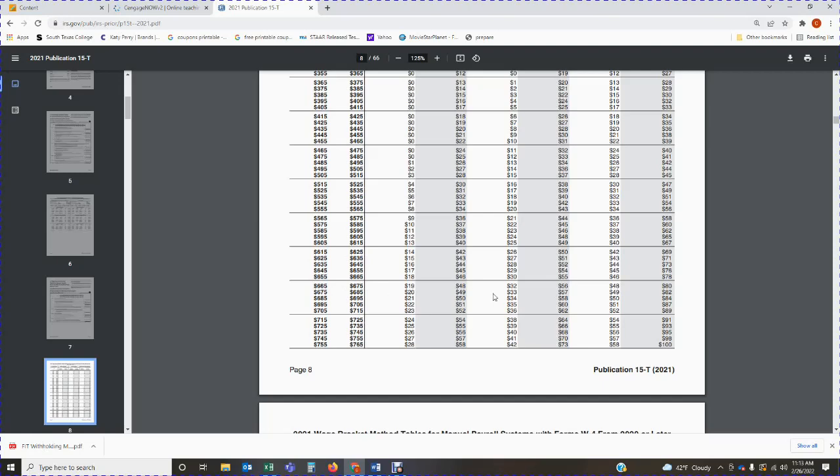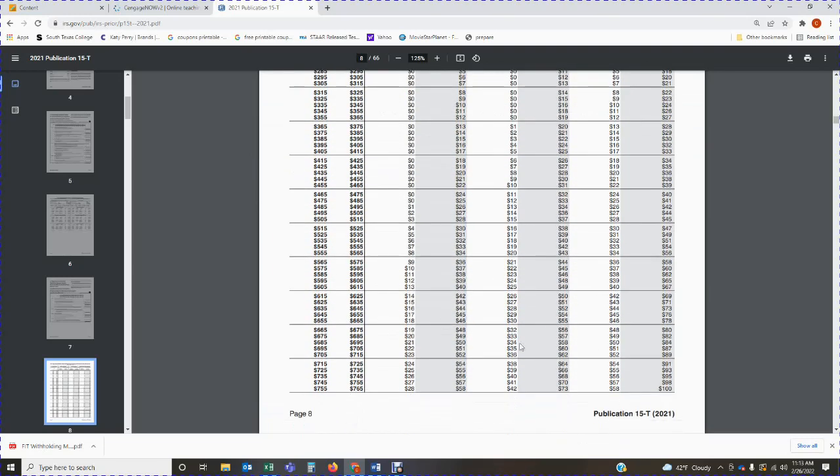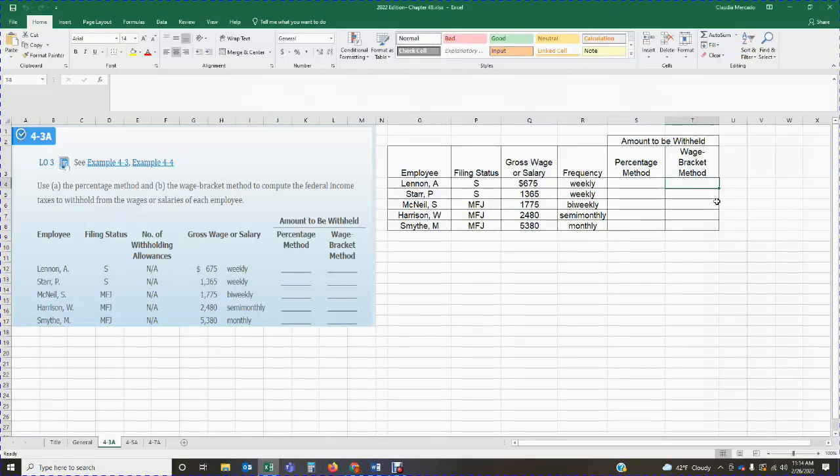We run the number across and we're using the second to the last column because that is my standard withholding. So 675 would give me $49. I can't circle here because this is a file, but $49 would be the amount. So we go back and we enter $49 for my wage bracket.